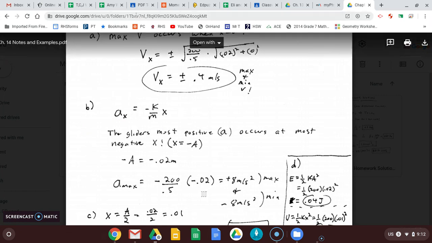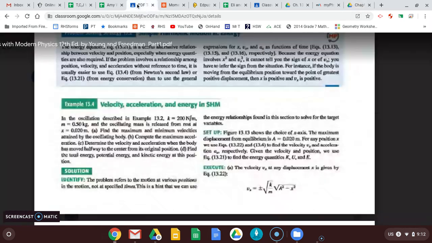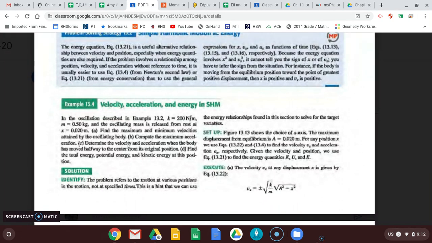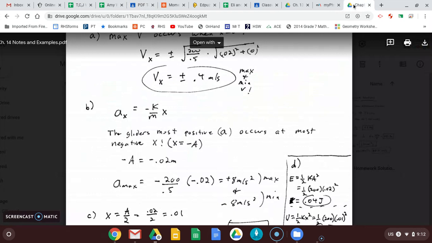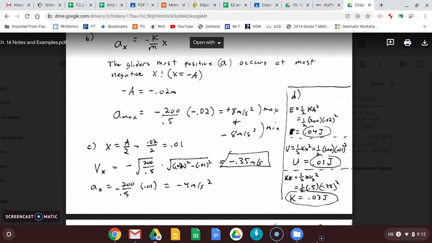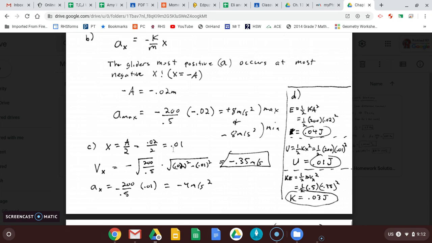All right, going on to part C then. Seeing what it asks. Same situation. Determine the velocity and acceleration when the body has moved halfway to the center from its original position. So its original position was 0.02. So obviously we just cut that in half, and that's 0.01.